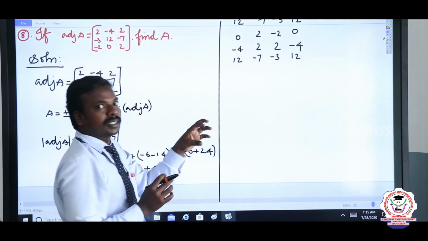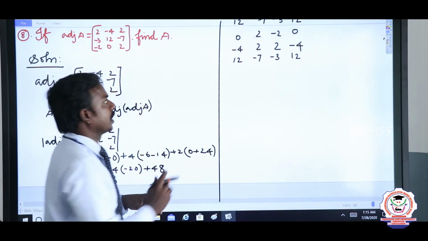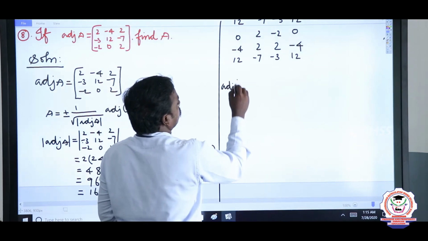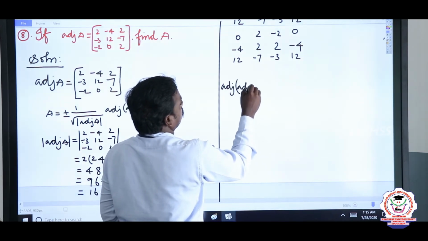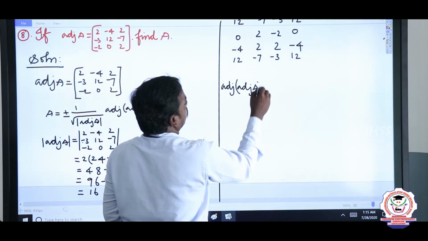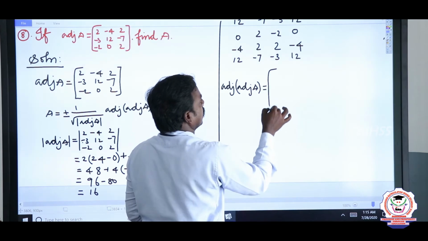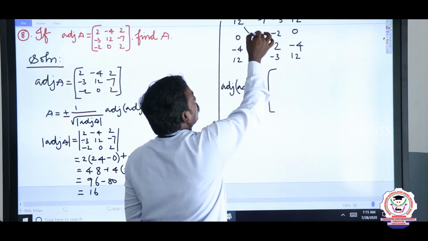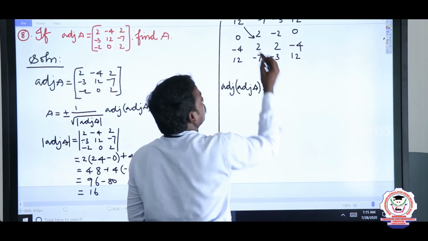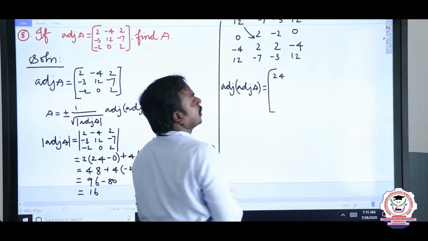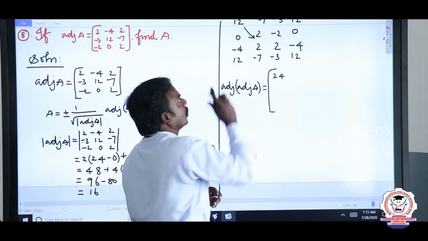Listen this, from this I am going to find adjoint of adjoint A. So adjoint of adjoint A is equal to, very simple, listen, from first 12 2s are 24, minus should come, while we are taking the cross multiplication of another diagonal, so we should keep minus.